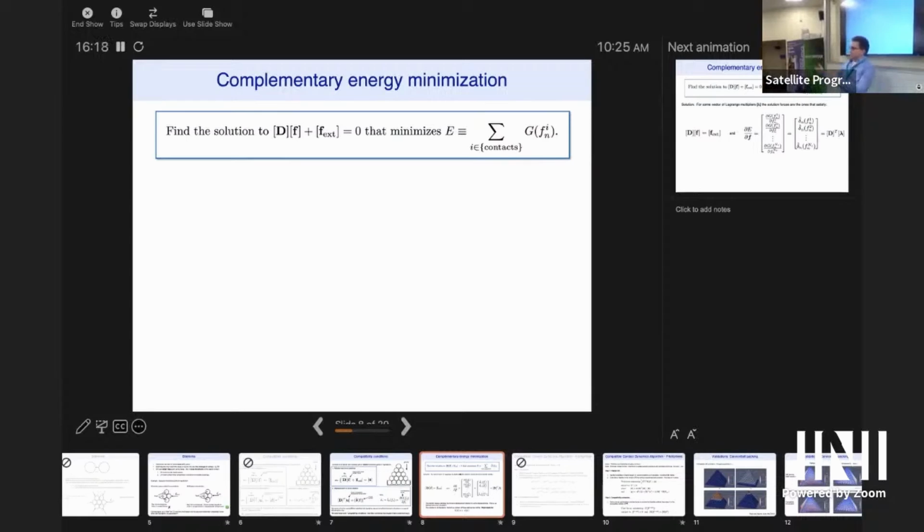So for every candidate force solution, I can sum the complementary energy from those forces and get some scalar E. What happens if that function is minimized or maximized over the set of all possible forces that would satisfy force balance? Let's take a little walk down memory lane of what condition would be met by the solution for F that minimizes E.